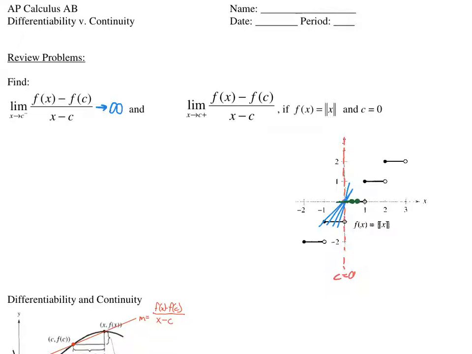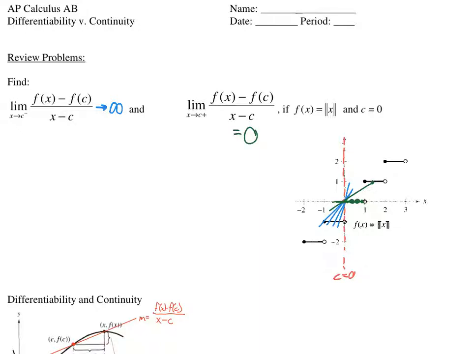What's the slope as we're approaching from the right-hand side? It's 0. Okay? Because we could start further to the right and go here, but then it's going to jump down to here and be just horizontal as we're approaching from the right-hand side. So this limit is going to equal 0.